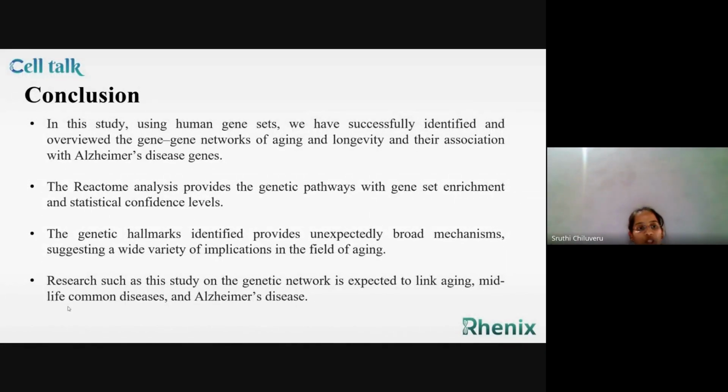Coming to the conclusion part. In this study, using human gene sets, they have successfully identified and overviewed the gene networks of aging and longevity and the association with Alzheimer's disease genes. They used the Reactome analysis, which provides the genetic pathway with gene set enrichment analysis and also the statistical confidence levels.